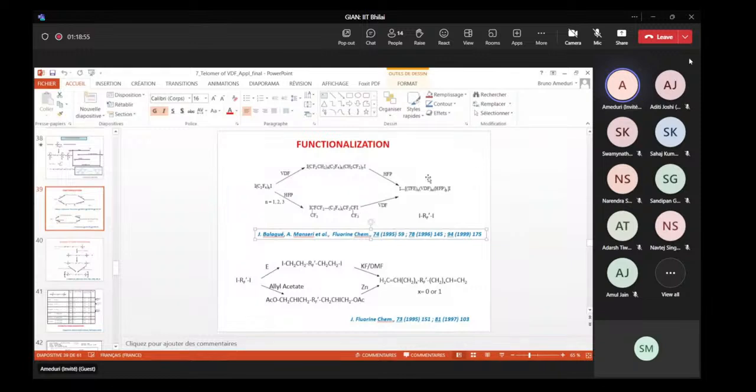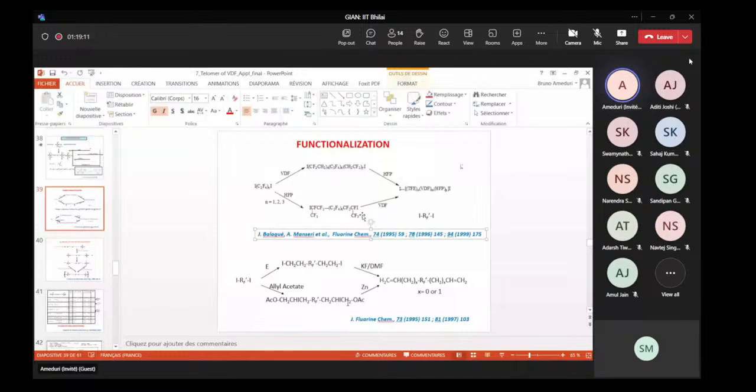And this diiodo compound could be functionalized first by ethylation and dehydroiodination to make the divinyl, or by addition onto allyl acetate, and then deiodoacetalization to make the diallyl compound.